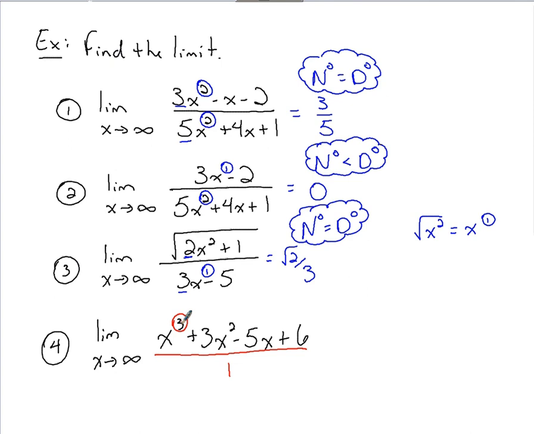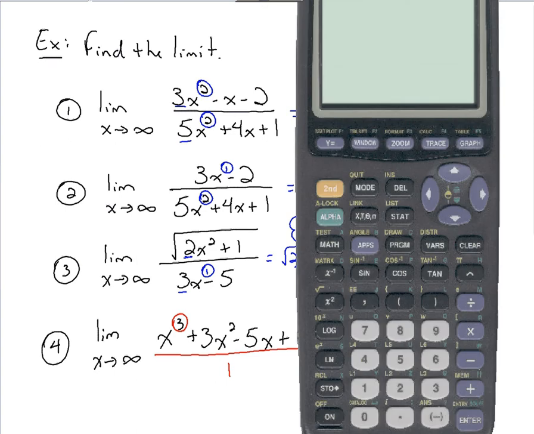But since this is a unique situation where we don't have the degrees being equal, we don't have degree in the numerator less than degree in the denominator, I would graph this out. Let's go to the graph of this function.